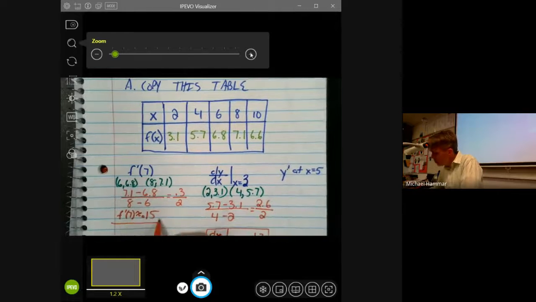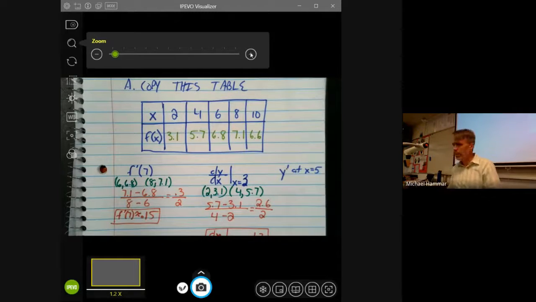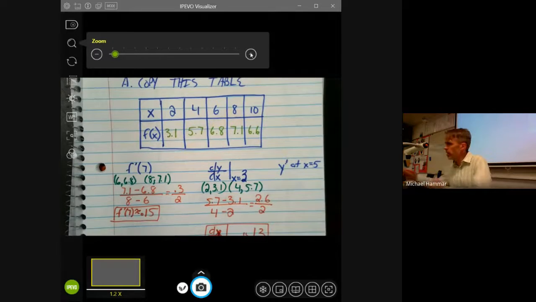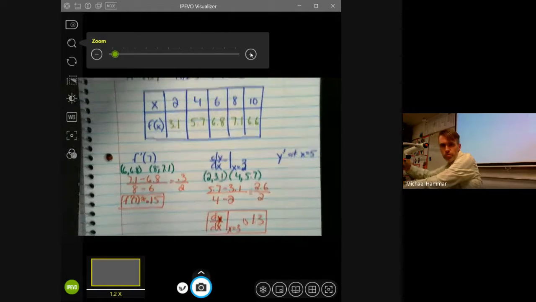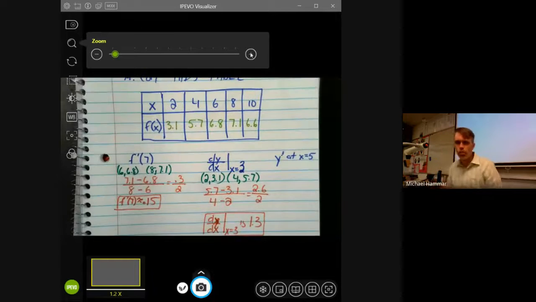Okay? So this is just another way of saying what the derivative is. Okay, so notice the notation, but it all means find the derivative at that value. So what is the slope at that exact point?